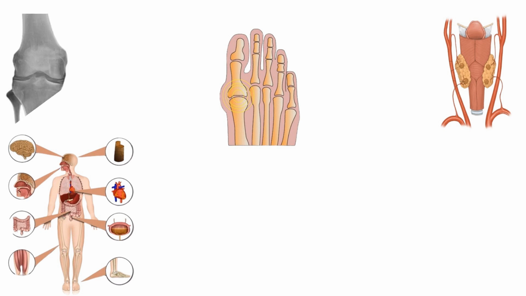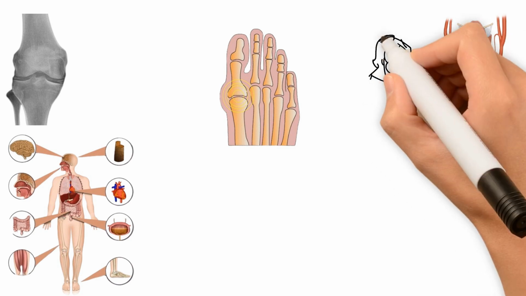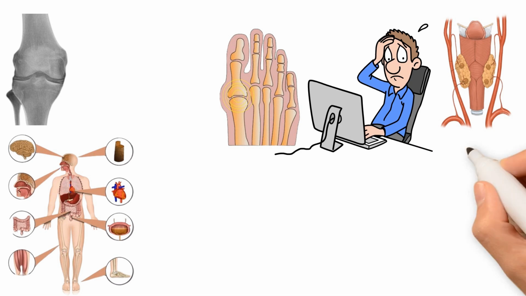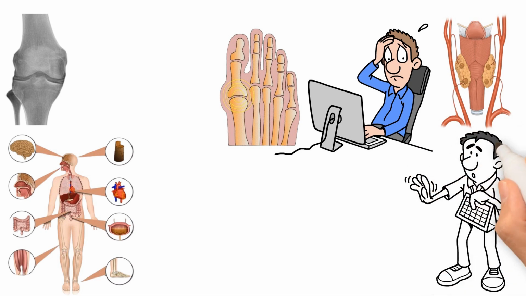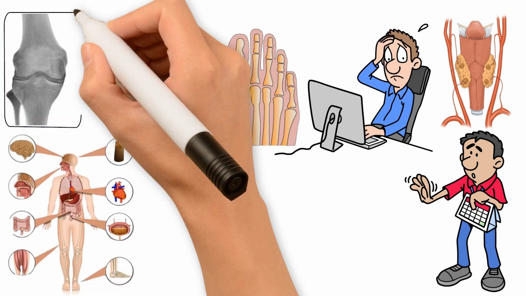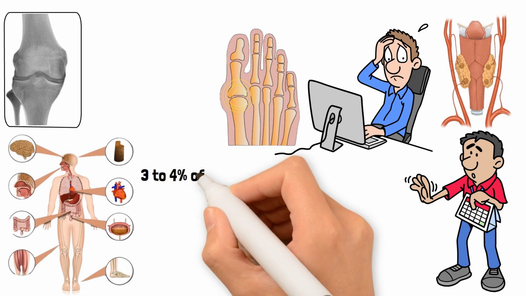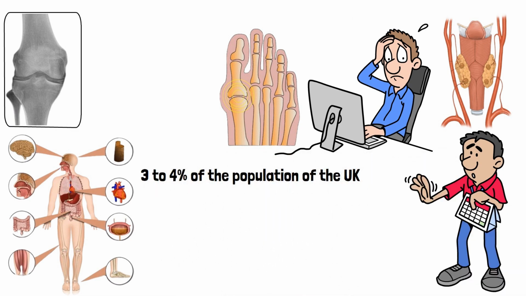Unfortunately, the prevalence and incidence of CPPD is not well established, mainly because it can be difficult to diagnose, but also because it's not always well recorded in the medical record. It's estimated that CPPD affects around 3 to 4% of the population of the UK.